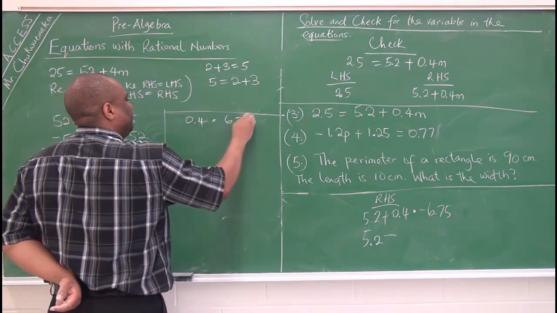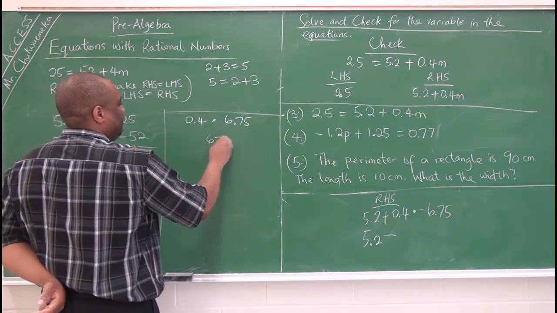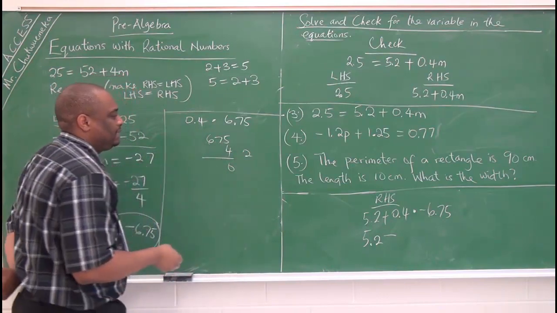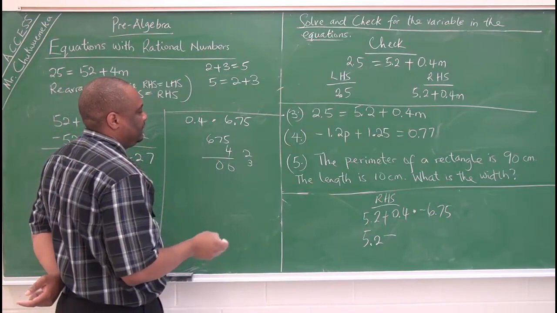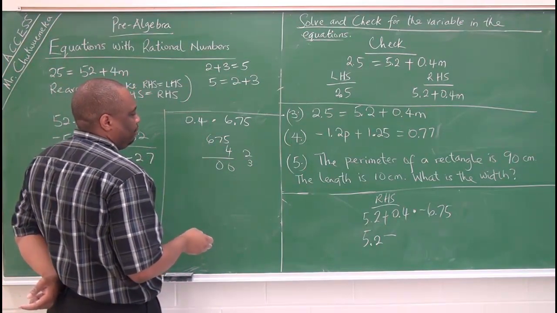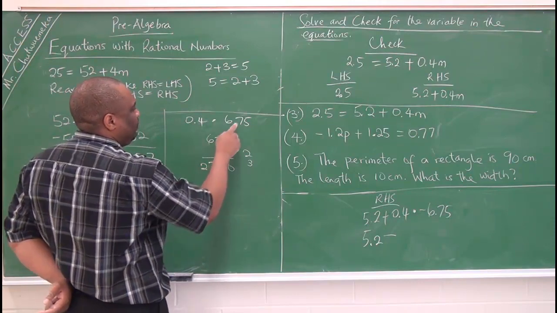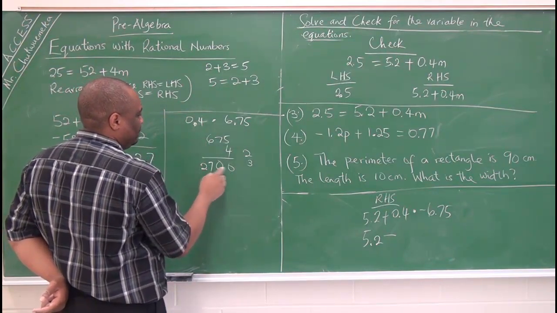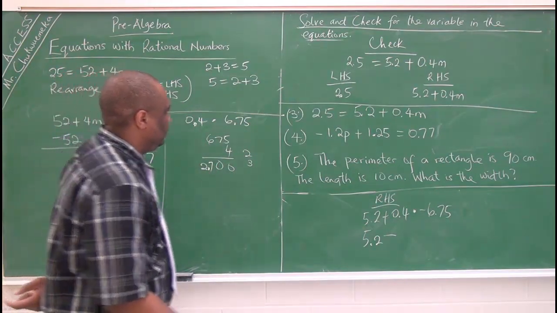Let's just put it as integers first. 675 times 4. 4 times 5, 20. Carry 2. 4 times 7, 28 plus 2, 30. Carry 3. 4 times 6, 24, plus 3 is 27. Right? And we have 2 decimal places plus 1 decimal place is 3. 1, 2, 3. 2.7. Okay?